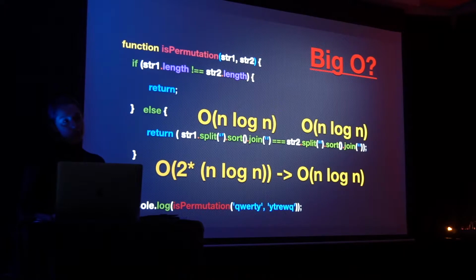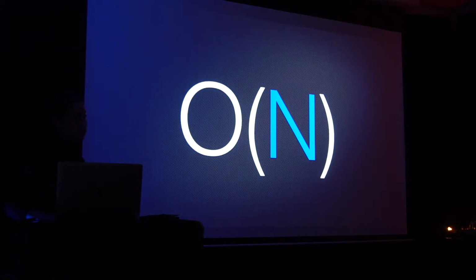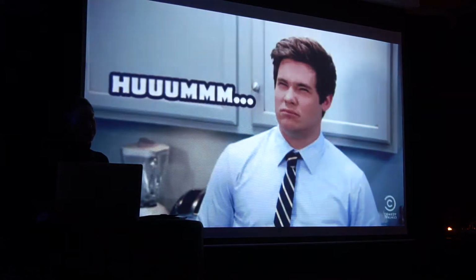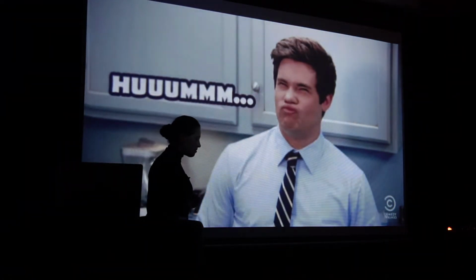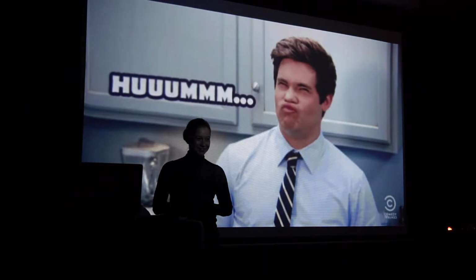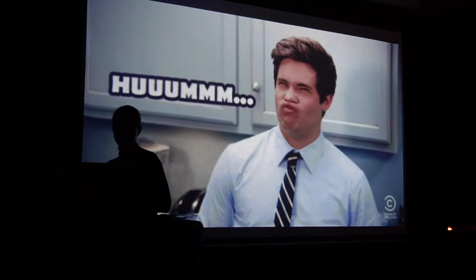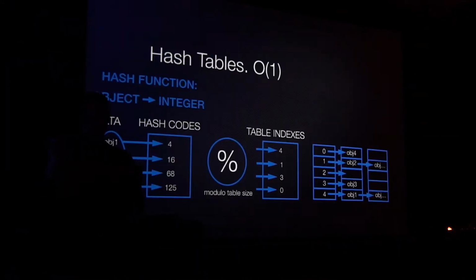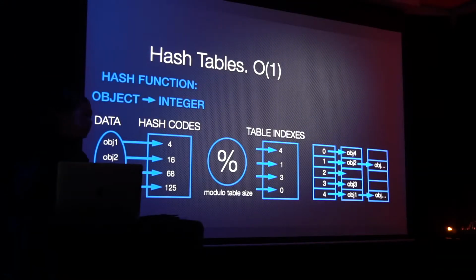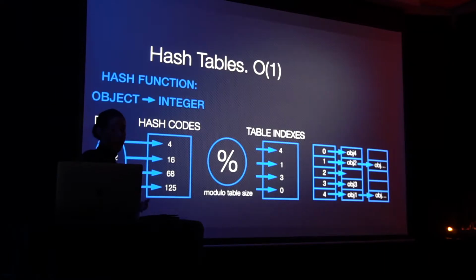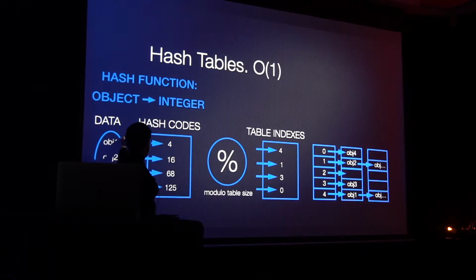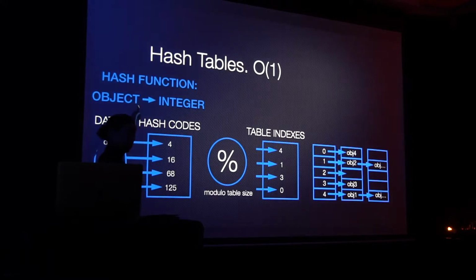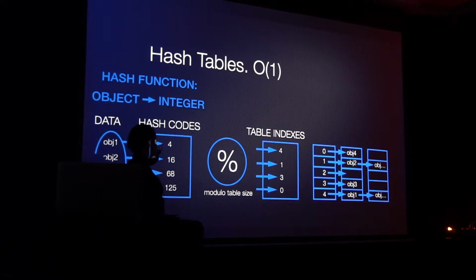But how can we do it faster? Like this, like linear. And now it's time to remember about hash tables. Let's take a look. What is it? At first, a hash table is a data structure. This data structure takes an object and, using a hash function, converts it into a hash code.